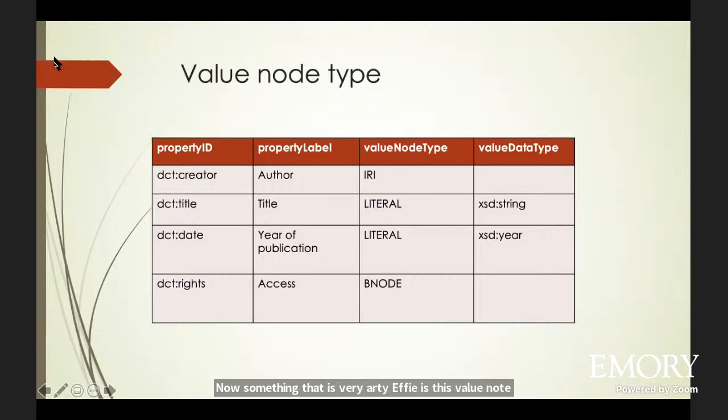For many RDF functions, and in particular for validations such as in SHACL and checks, you need to say what the node type is. And so we added a column for value node type: IRI, literal, or blank node. And the value data types, as defined in the RDF schema documentation, are all literal data types.